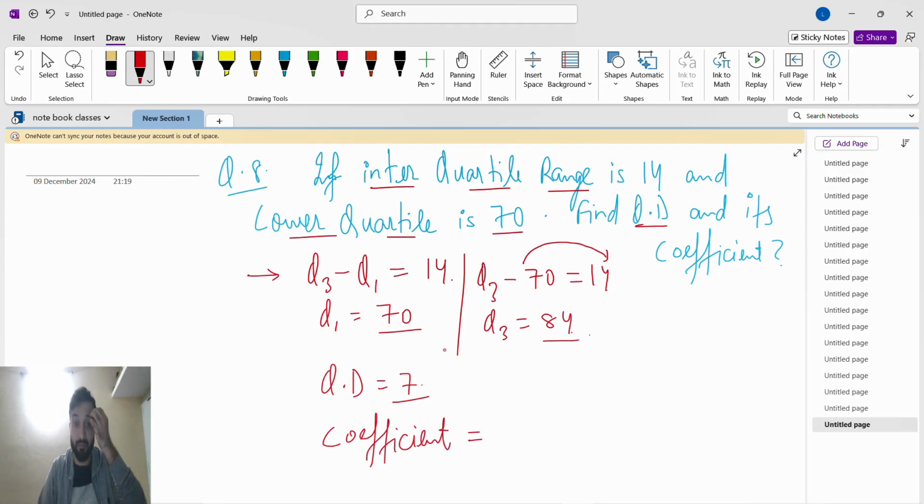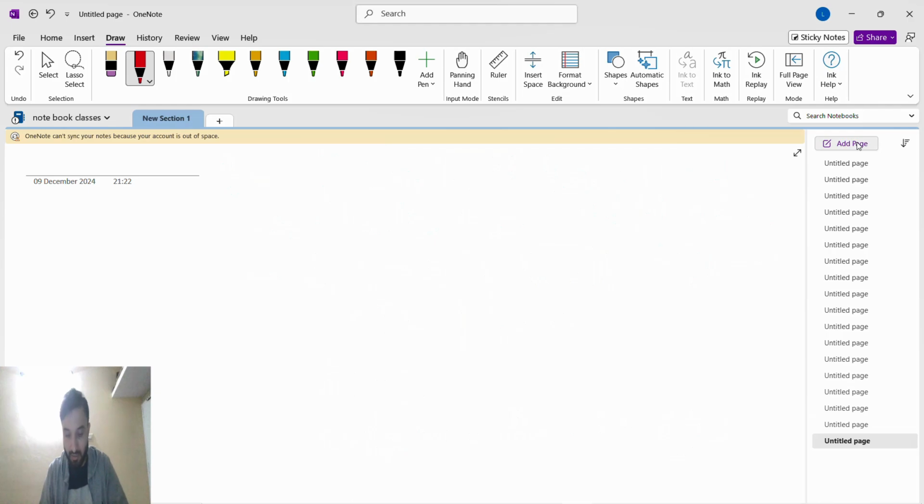So 84 minus 70 is 14, divided by 84 plus 70, which is 154, into 100. 14 divided by 154 into 100, you will get 9.09. Okay guys, so this is the end of quartile deviation.